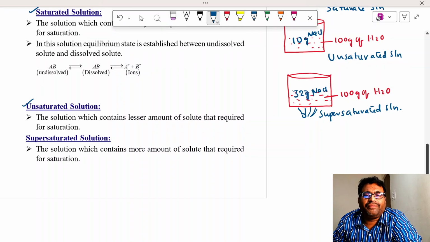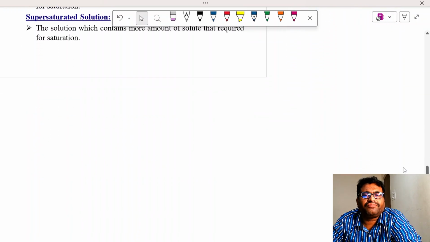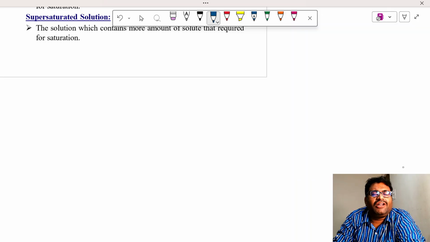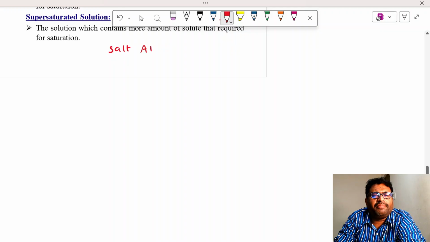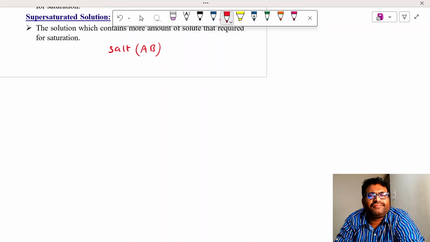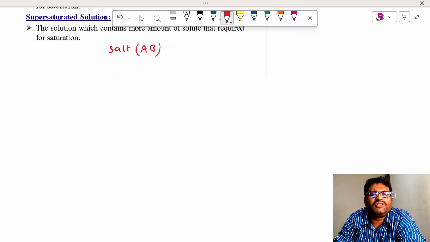Now in this we are very much concerned about the saturated solution. So let us see that saturated solution. Let us consider a salt, an AB salt, for example, like NaCl or AgCl.